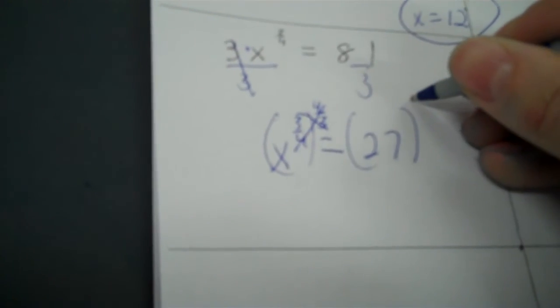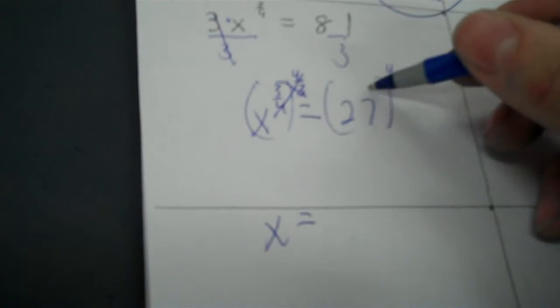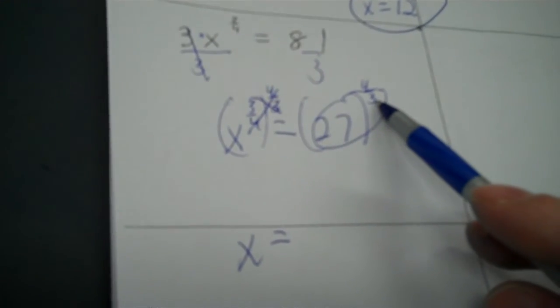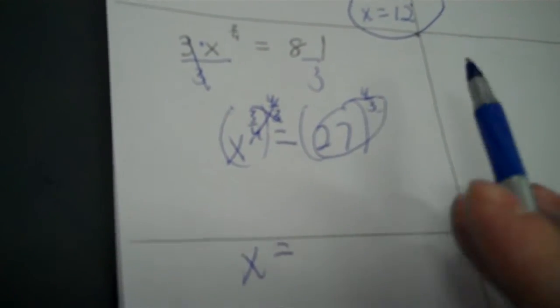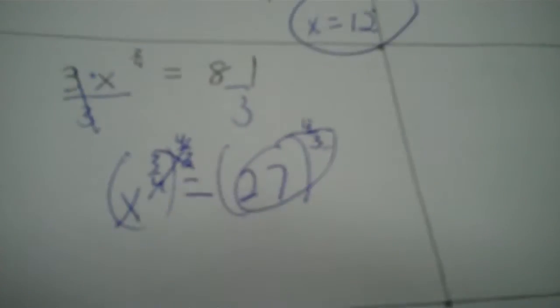When you are trying to get rid of a fraction power, you make a parentheses and you flip the fraction. Now to find what this is, first I need to use my radical sheet of 3 and see if 27 is there. Because that's what that 3 under the exponent means. It means the cubed root of 27.